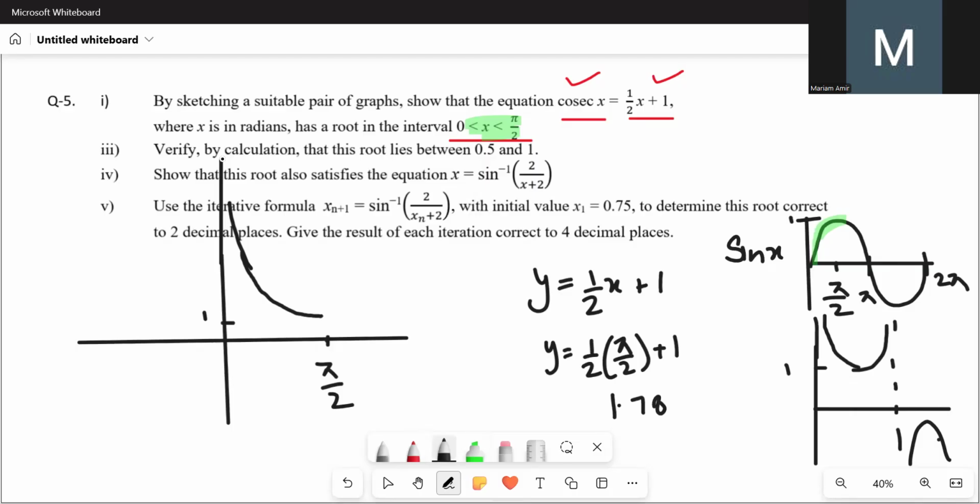So if that's 1, then this is going to be 2, and 1.78 would be somewhere over here. So the line would go something like this.